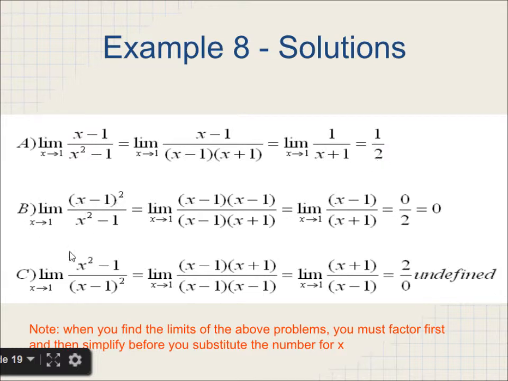Simplifying like this, x minus 1 whole square can be written as x minus 1 multiplied by x minus 1, and the denominator is x minus 1 times x plus 1. So x minus 1 gets cancelled. By putting the value, it's x minus 1 divided by x plus 1, which is 0 by 2, which is 0. So here I said it wrong.